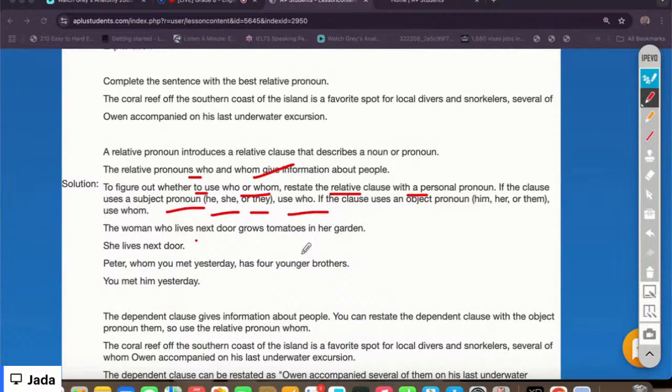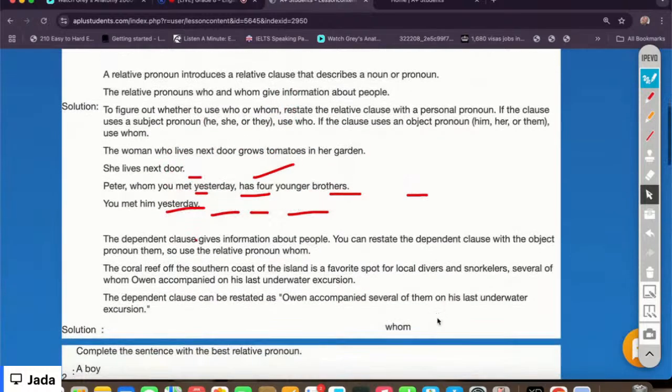Okay? So we have that the dependent clause gives information about people. You can restate the dependent clause with the object pronoun them, and so you use the relative pronoun whom.